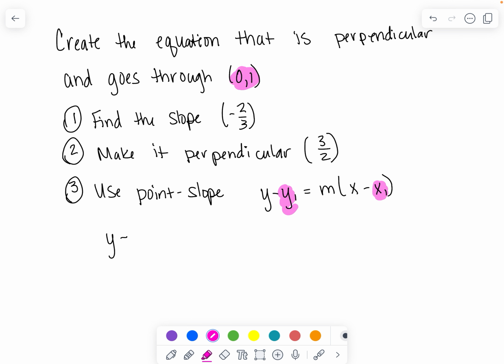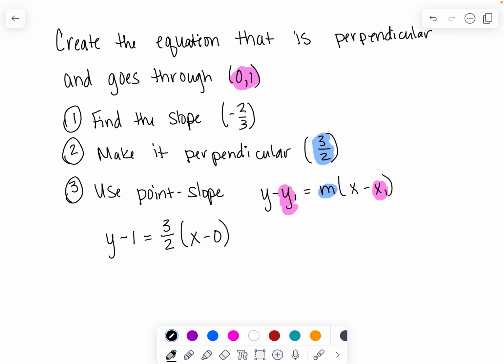They're up here. That's the point we're going to go through. And we have the slope. We have the slope. This is the new slope for it. So y minus 0. Nope, that's not my y. Make sure I don't screw it up. Over 3/2, that's my new slope, x minus 0.